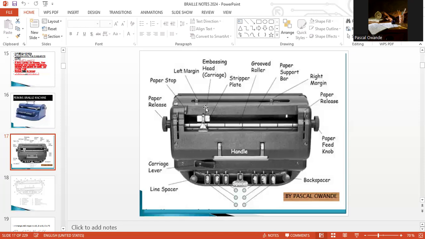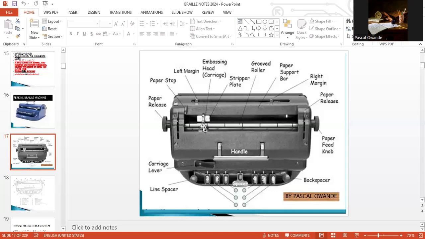We also have the embossing head on the carriage. The carriage carries the embossing head. The embossing head has sharp tips that are able to emboss the raised dots that persons with visual impairments are able to touch and recognize through the sense of touch for communication purposes.